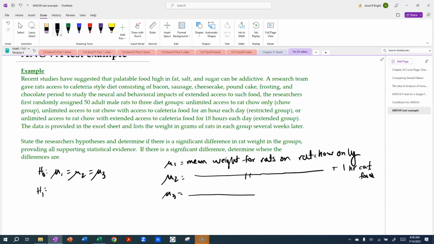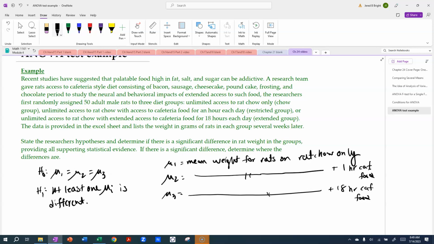And mu3 is the mean weight for rats on rat chow plus 18 hours cafeteria food. Our alternative is that at least one mean mu i is different. So we have the hypothesis set.